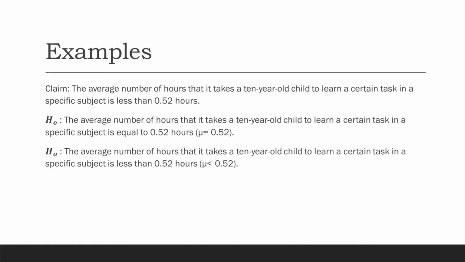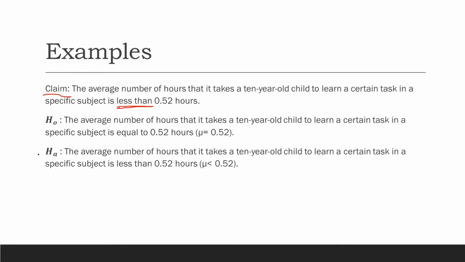So kung makikita natin sa ating problem, kung babasahin ulit natin dito, the average number of hours that it takes a 10-year-old child to learn a certain task in a specific subject is less than. Ayan.